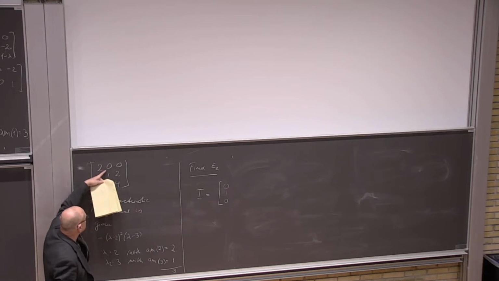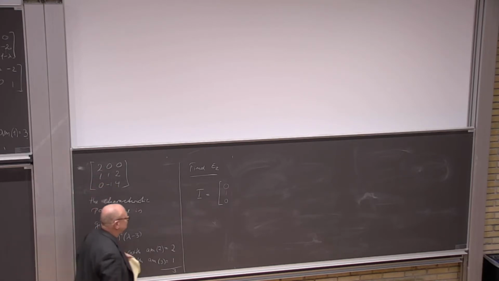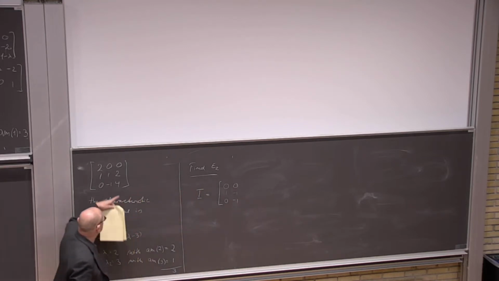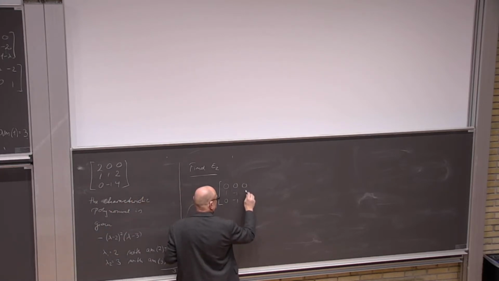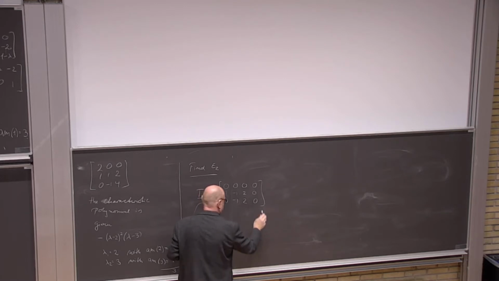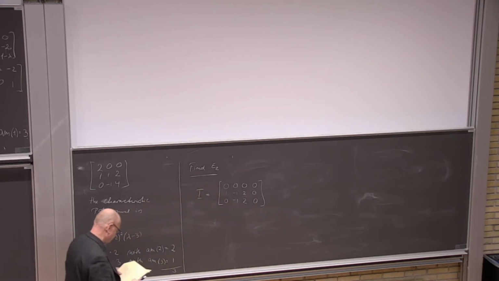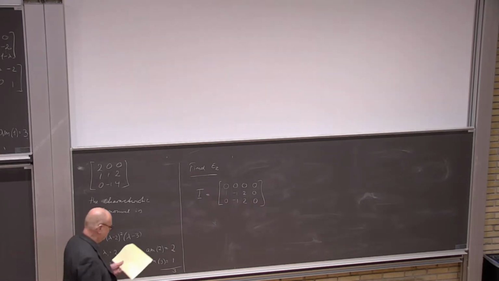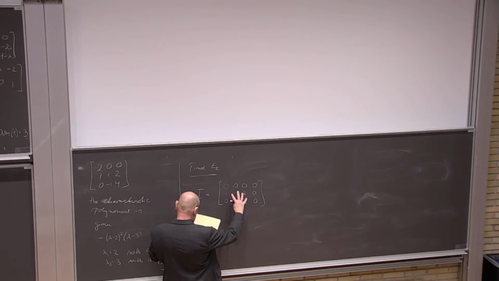The second column, I get 0, minus 1, minus 1. For the third column, I get 0, 2, 2. And then I have the right-hand side, which is 0.